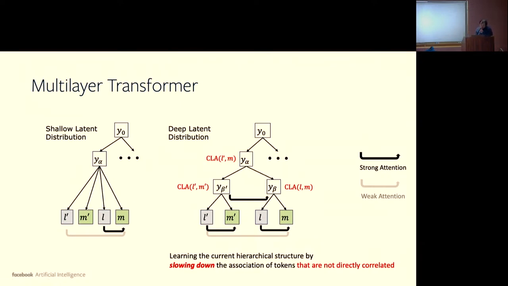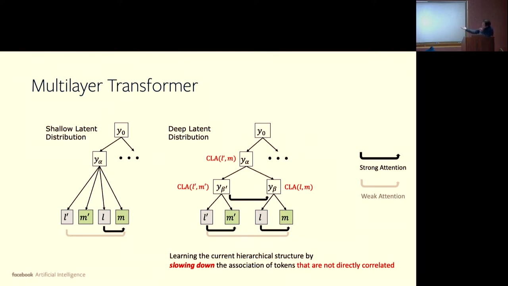Because it first learns these two, you automatically and implicitly build a hierarchy that can later be combined in the top layers. So you basically avoid learning M and L prime, which may co-occur a little bit, but their co-occurrence is not important and can be learned indirectly by the hierarchical learning. That gives you the intuition for why transformers should learn the features in this way.